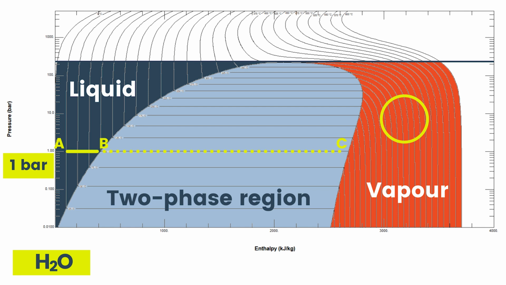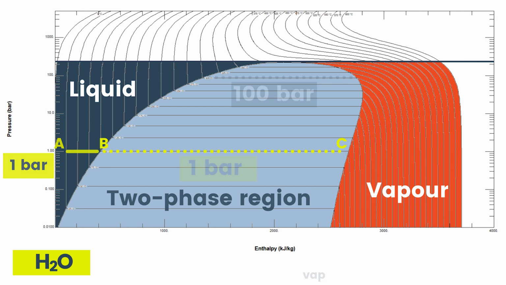The other thing is specific heat is not constant. The gap between these lines changes and is a function of pressure. At very high pressures, you can see these lines come really close together, and so it is very easy to heat up steam at very high temperatures and pressures.